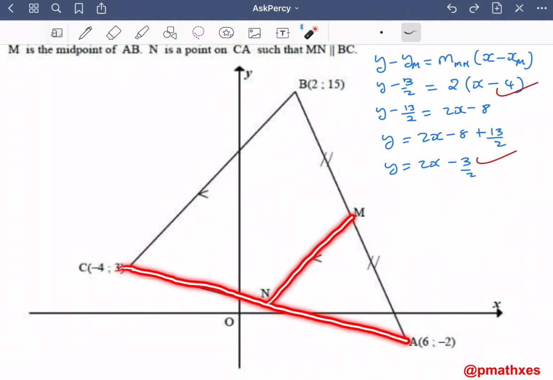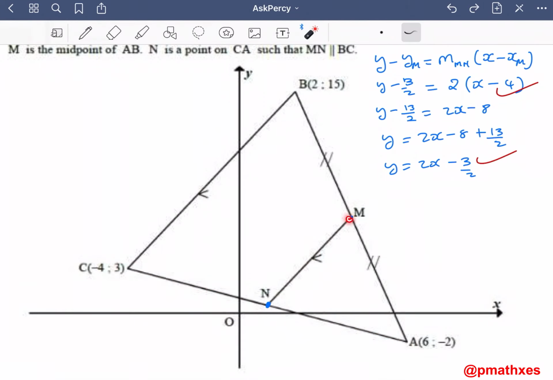It's a point where these two lines meet. They meet at point N. So what does that mean? If two lines meet at a certain point, it means that at this point, these two lines are equal. At the point of intersection, two lines are equal. Even with this one here, at that point of intersection, this line here and that line, they are equal.